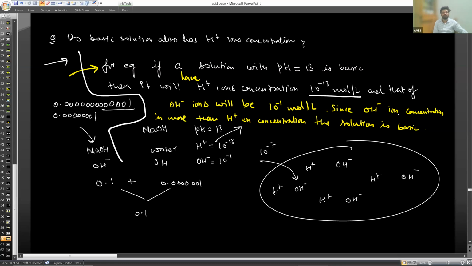Since the OH negative ion concentration is more than the H plus ion concentration, it is basic. So you have to write yes, the basic solutions also have H plus ions. For example, and then you have to note it down.